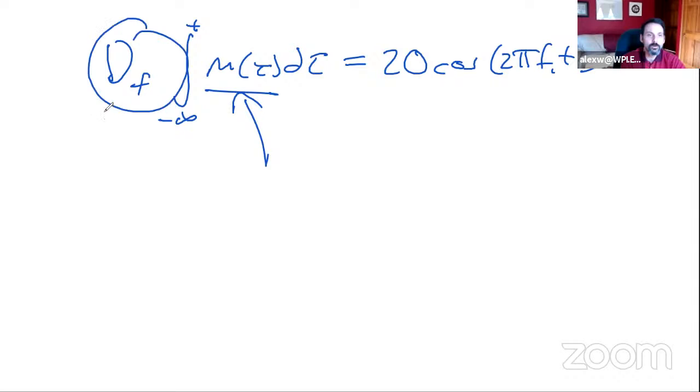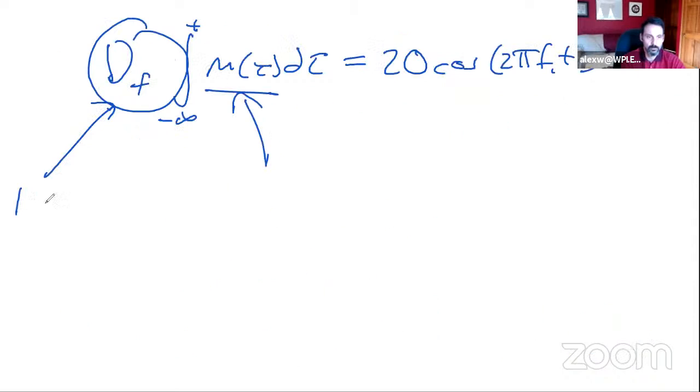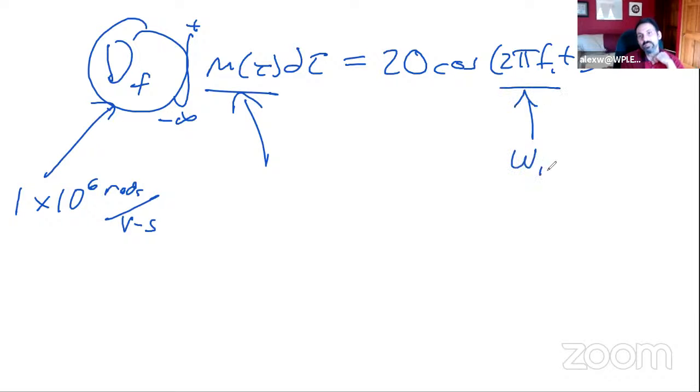We are told df is 1 to the 6 rads per volt seconds. We could keep everything in volt seconds. So here, what is the equivalent of omega 1? Well, we know this is 1000 hertz, and it would be over 2 pi.